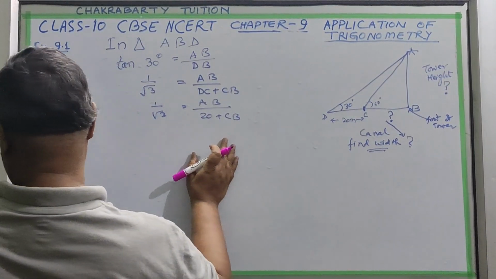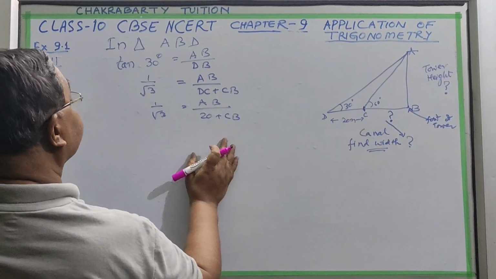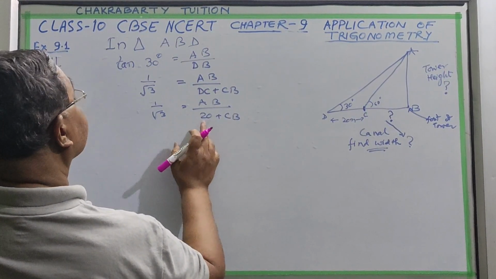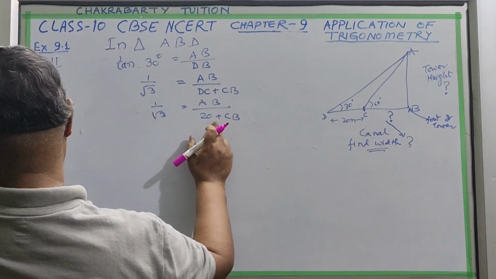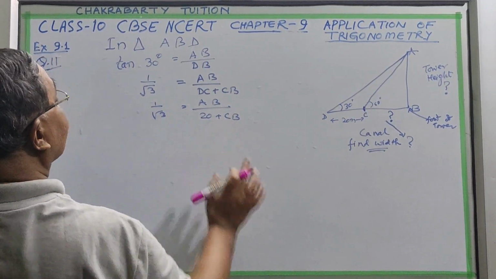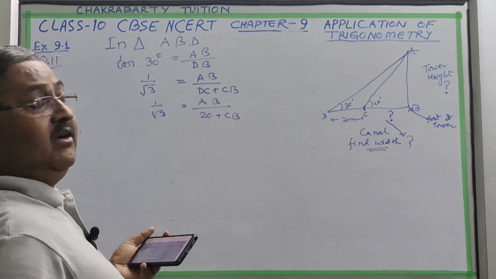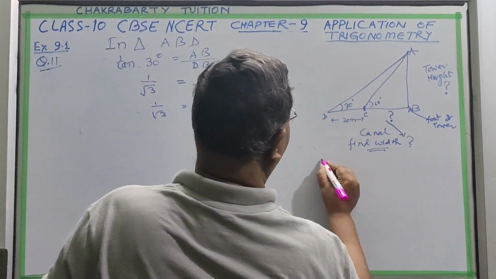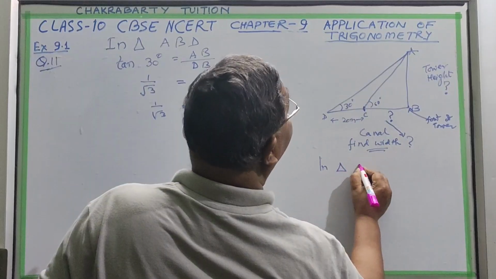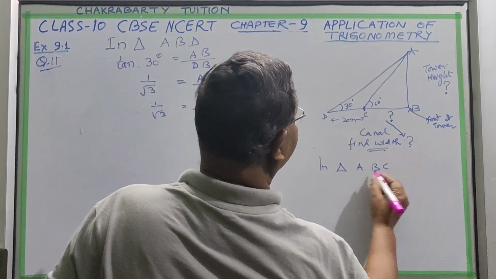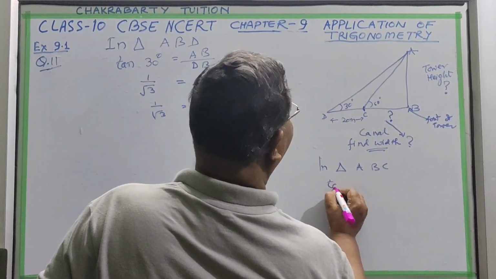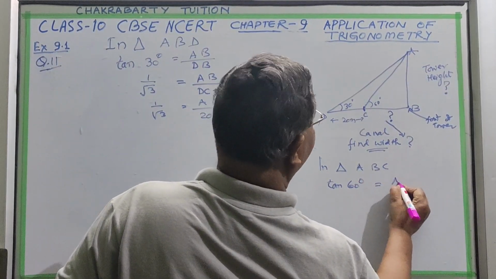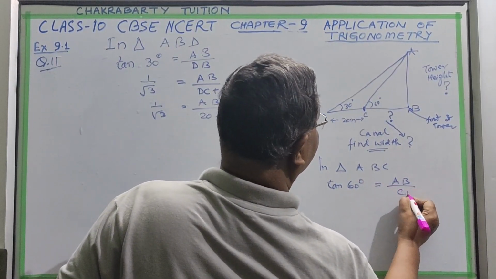So here what we can do? We will solve this also. In triangle ABC, tan 60 degrees will be AB upon CB.